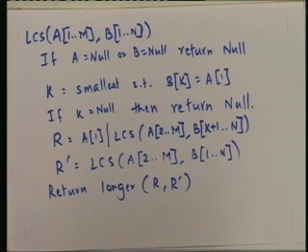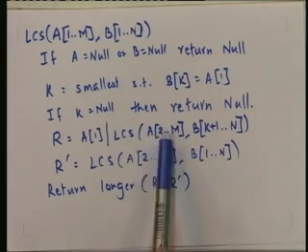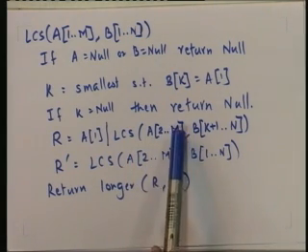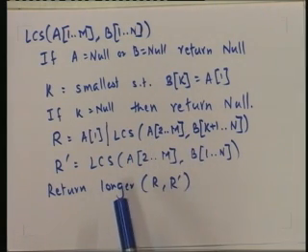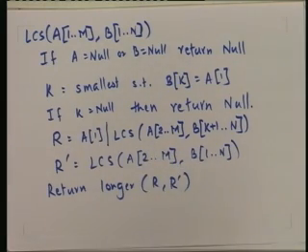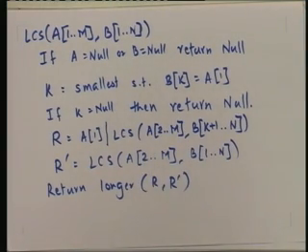Now, I should point out some technicalities. In this call, we wrote down a of 2 through m. The moment we write down a of 2 through m, we are implicitly assuming that m is bigger than or equal to 2, which may not be true. m might be equal to 1. In this case, I am going to assume that an expression like this will be evaluated as null.